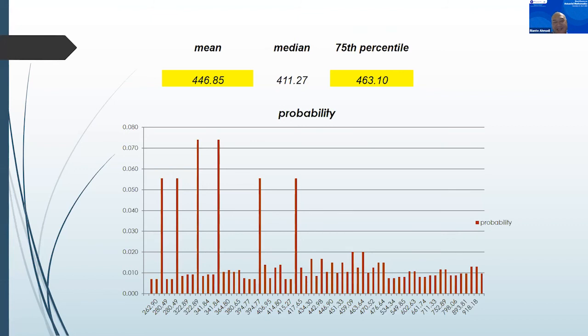It's not nice like a normal distribution. It's looking like this, and the mean is equal to 446.85. The median is 411.27, and the 75th percentile is 463.1.